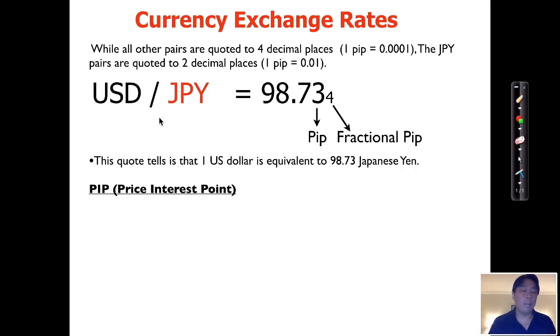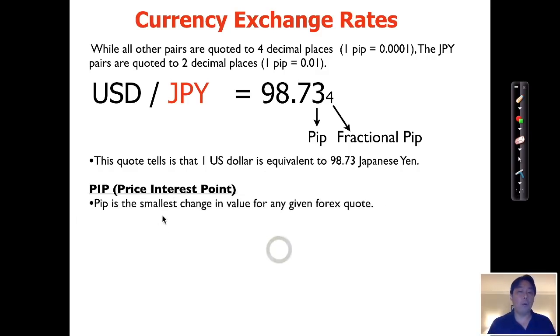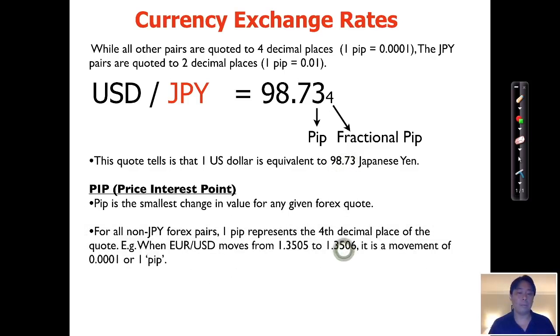So again, what's a pip? A pip is known as a price interest point. It's the smallest change in value for any given forex quote that we're interested in. Of course, the smallest one is the fractional pip, but we don't care about that. For all non-yen forex pairs, 1 pip represents the 4th decimal place of the quote.